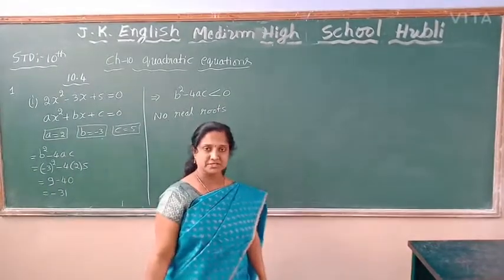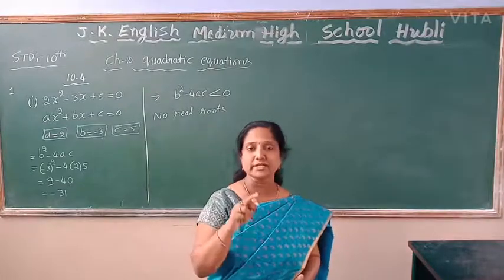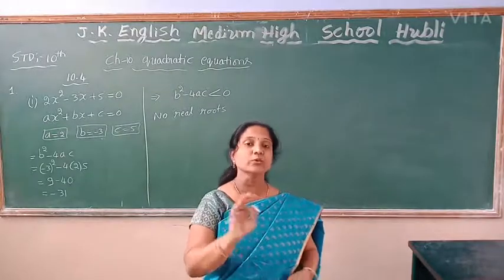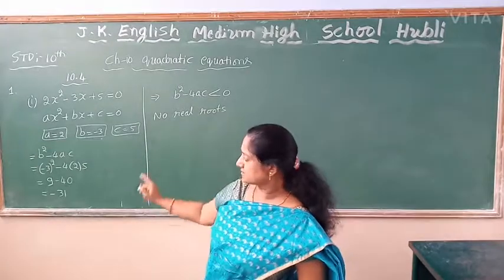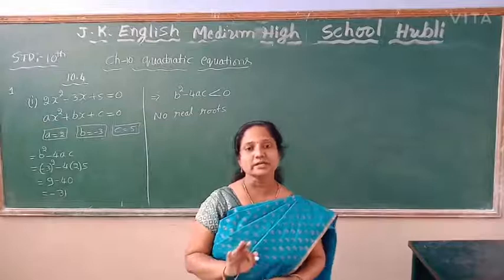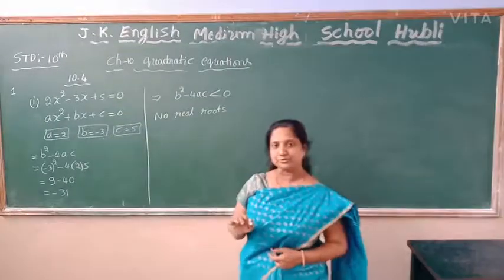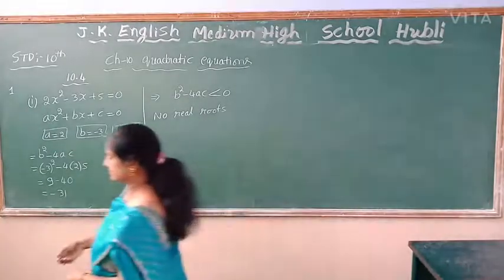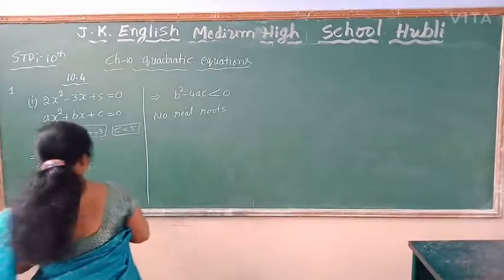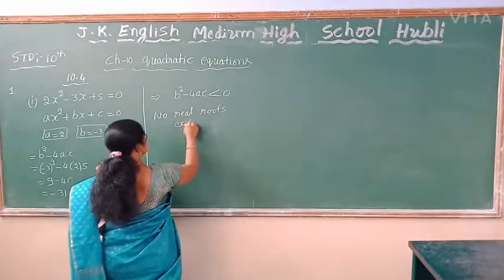According to the heading, only if real roots exist should we find them. So by checking this much only, we have come to know no real roots exist, and I am not going to find the roots of this quadratic equation.